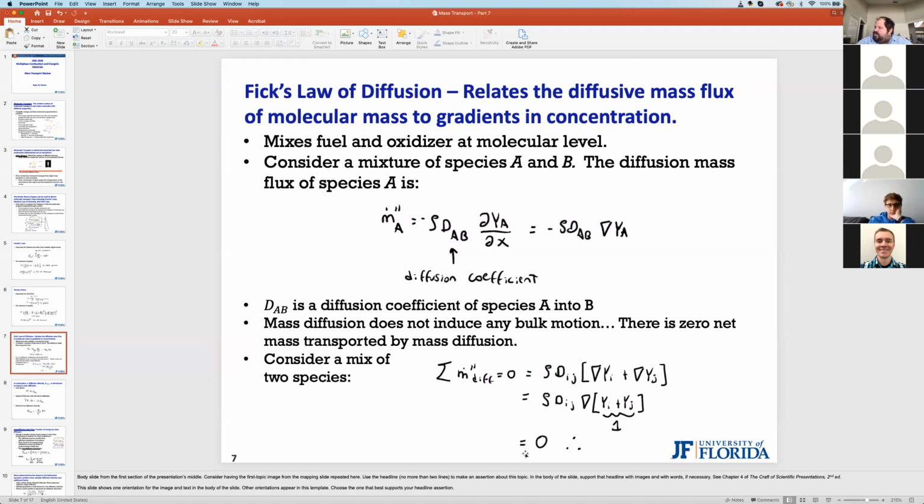And so that proves that, at least for two species, and you can generalize this to a mixture of n different gases that have different diffusion coefficients, but you need to use that more advanced theory to do it, and we're not going to play with that in this class.